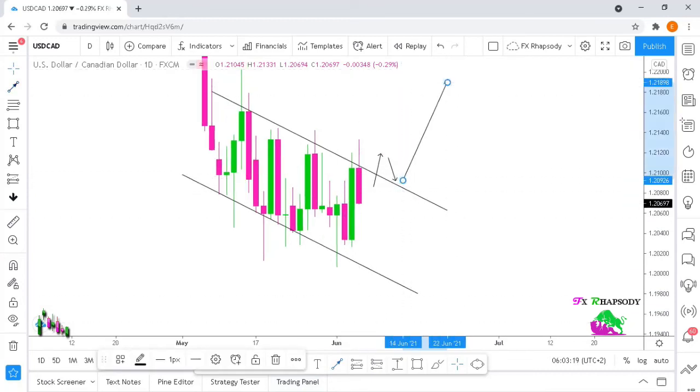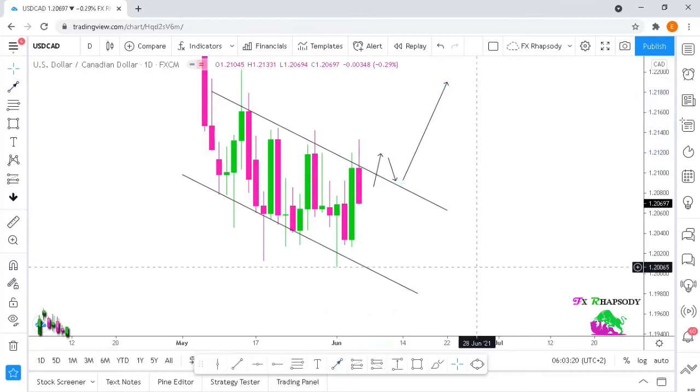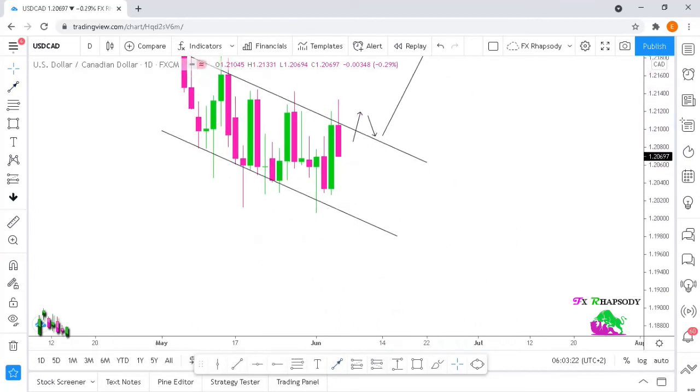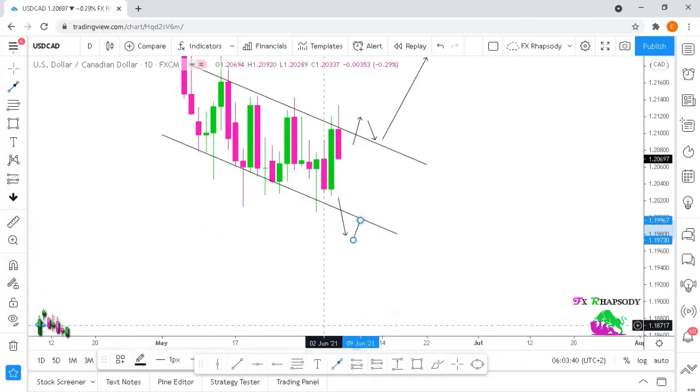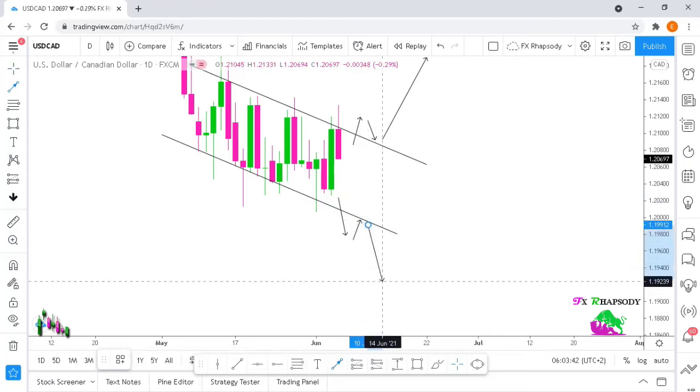Understand? Same scenario at the bottom. Before we look for a sell, you can be brave enough and sell within the zone if you really think it, depending on your trading style. But for a sell, again, wait for that break, that retest, and then it pops down.